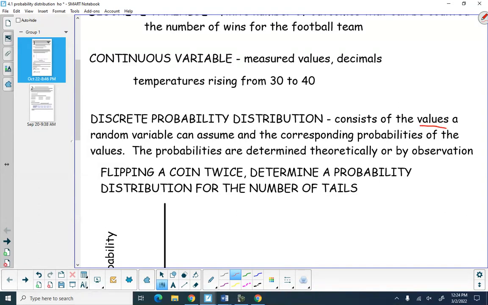When you talk about the values random variables can assume, you're just talking about the sample space. What is the sample space, and what is the probability of each one of those things in the sample space?